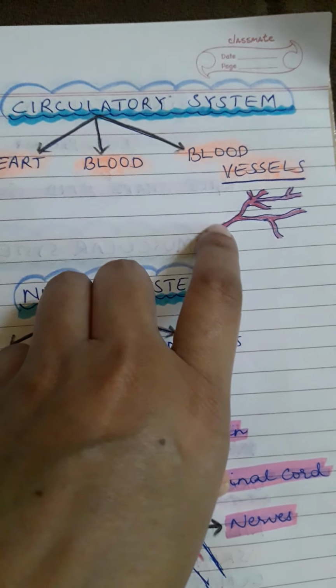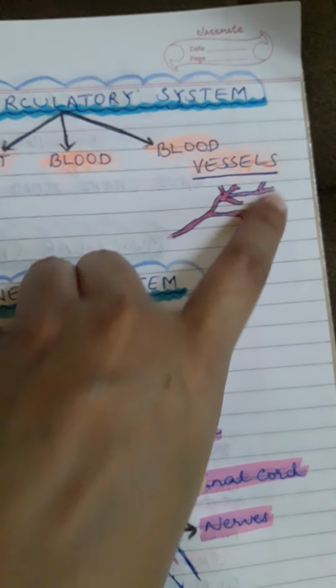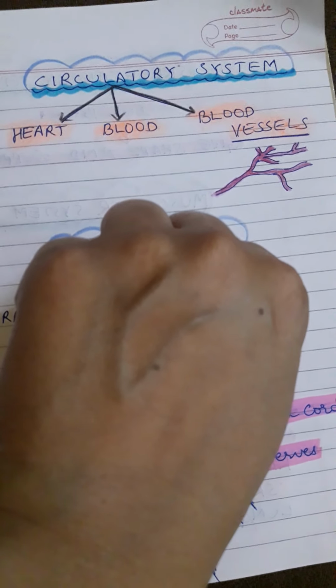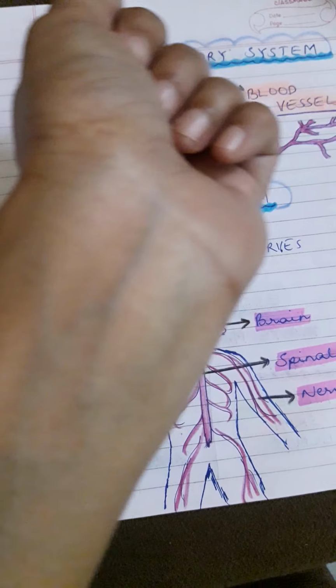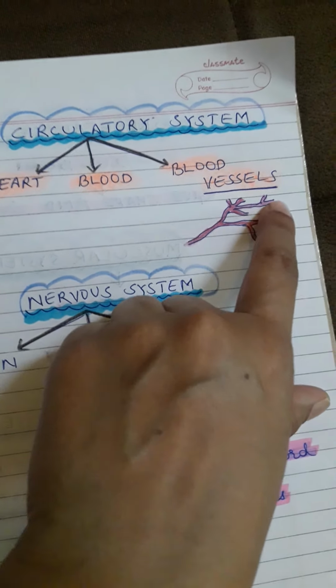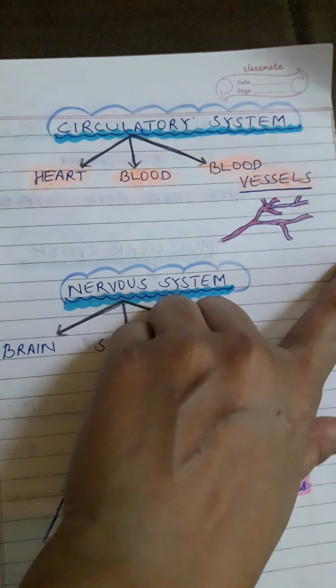These vessels transport blood to different parts of the body. Now you can see in my hand also, you can see these green veins, right? You turn your own wrist and you will be able to see these green arteries and veins, right? So these are the blood vessels which transport blood to various parts of the body.